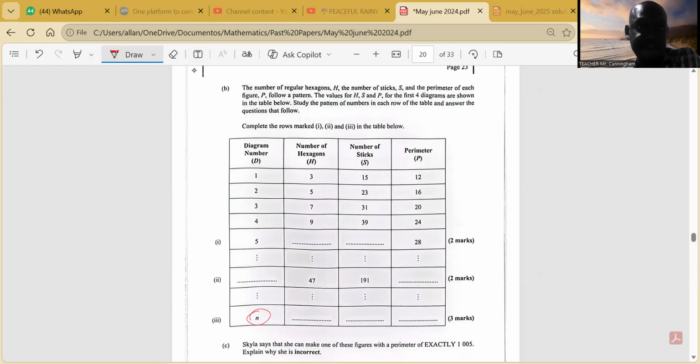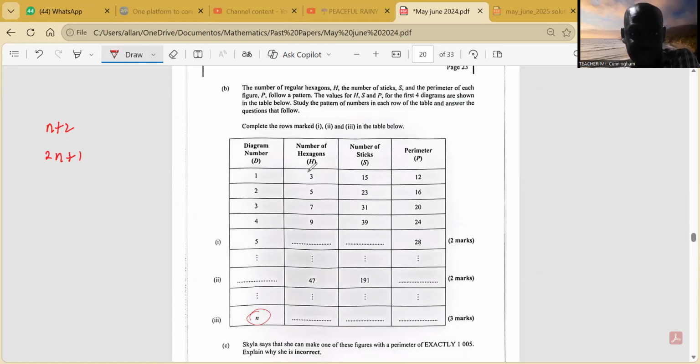So 2n plus 1, I think. Well, let's start with the N plus 2 first. But N plus 2 doesn't work because 2 plus 2 is... So if you try 2n plus 1, that would be 1 by 2 is 2 plus 1. 2 2s are 4 plus 1. 3 2s are 6 plus 1.